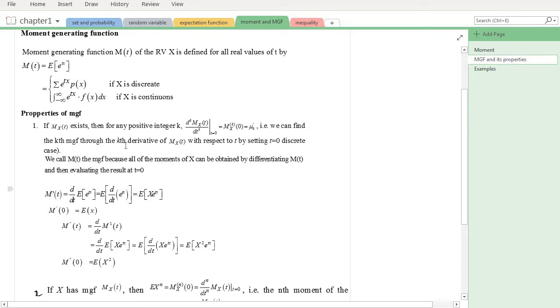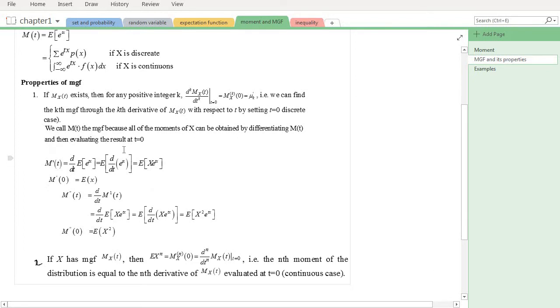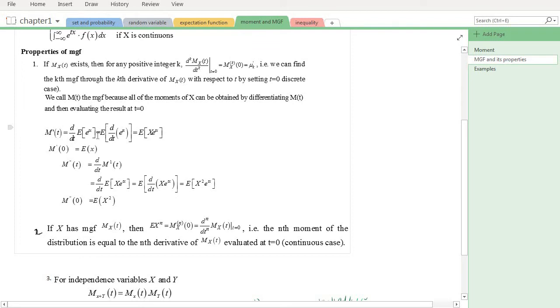So example here, this is the standard formula. If we take the derivative of our moment generating function, we will be able to find the moment that we want to find.